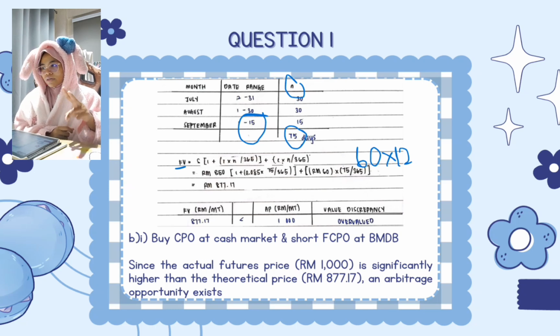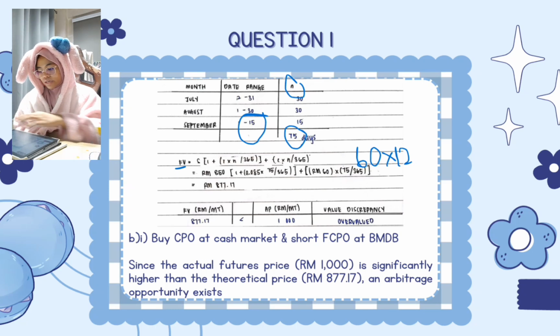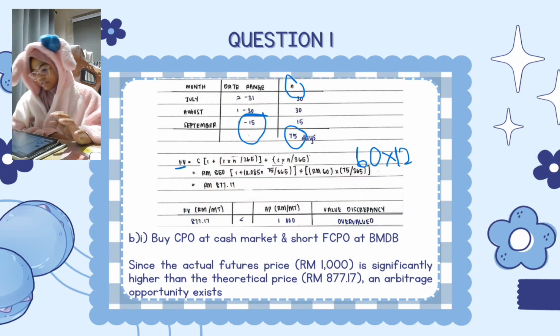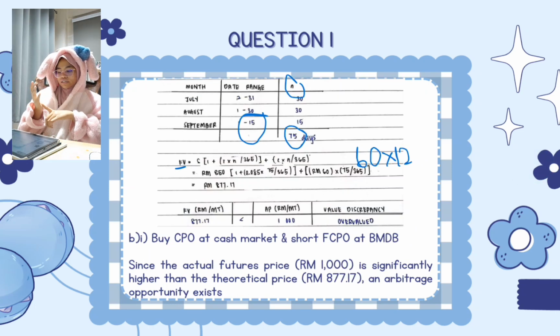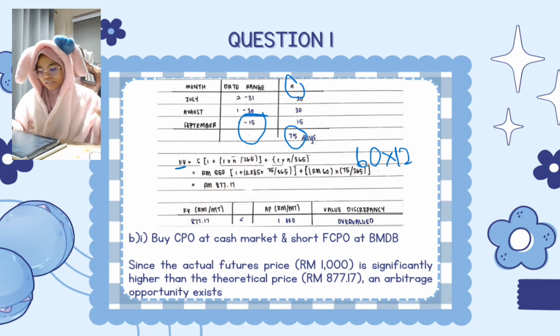So we make comparison. The second step is we make comparison for fair value versus the actual price. So the actual price is 1000 ringgit per metric ton. Okay, so 877 ringgit 17 cents is lower than 1000 ringgit.